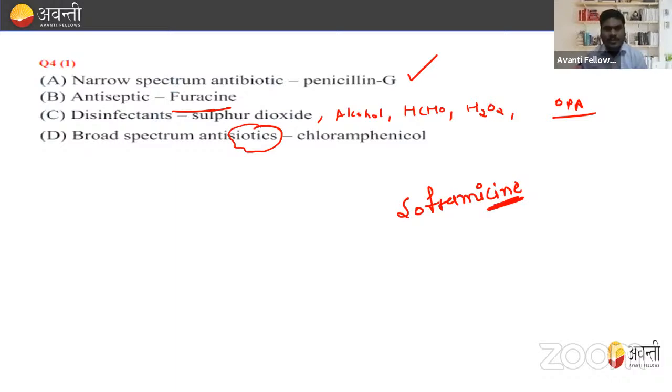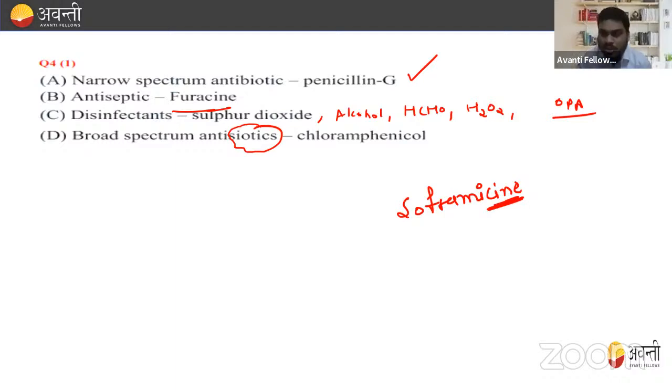Now, can you guess some more examples of broad spectrum antibiotics? What are the examples of broad spectrum antibiotics? One is chloramphenicol, another is amoxicillin, quinolones, tetracycline.